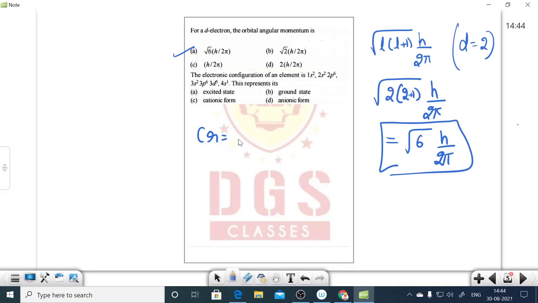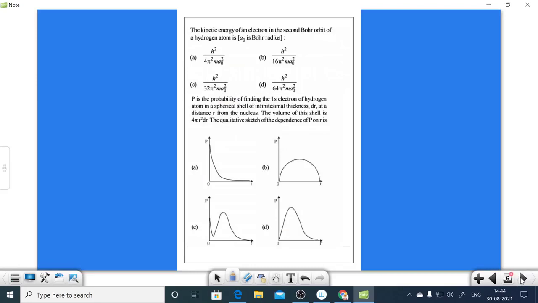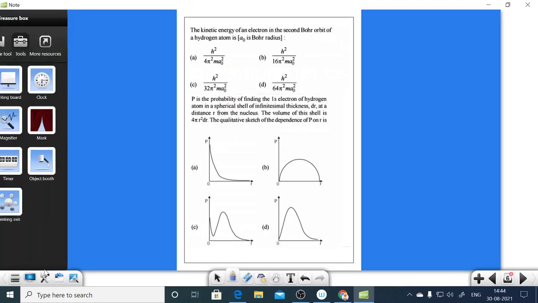So as chromium is more eager to acquire the more stable state, it's better for the chromium atom to acquire this half-filled status, because half-filled and fully filled are more stable. So that is why this is the ground state of chromium rather than an excited state. Okay, so this is the ground state for chromium, and for copper this will be 3d10 4s1.